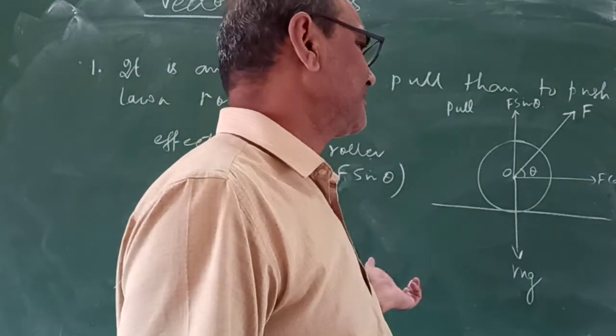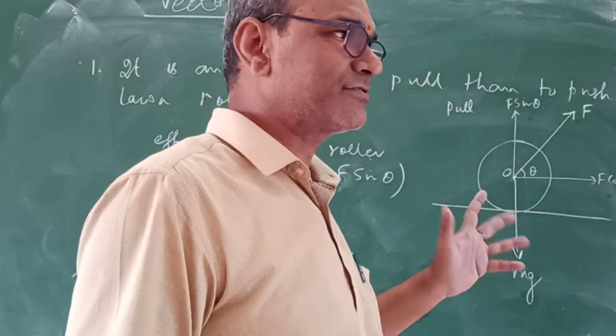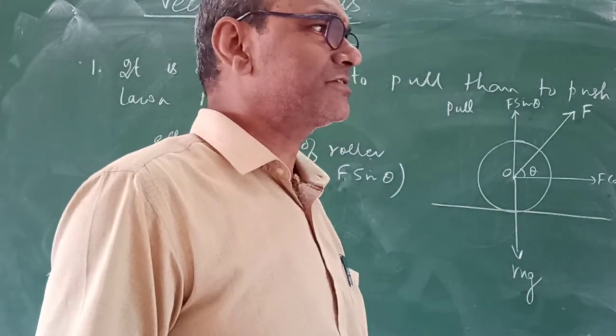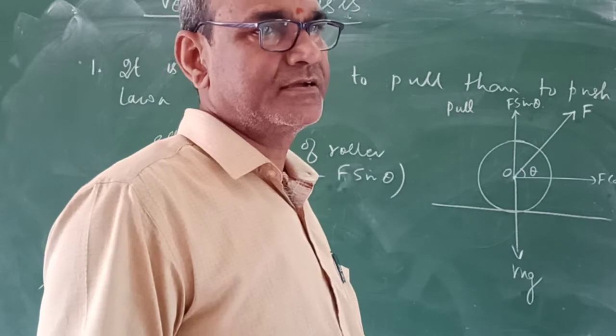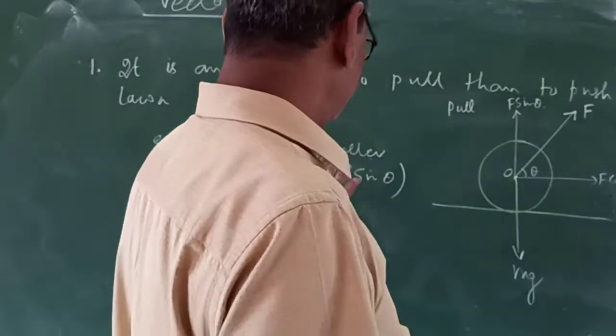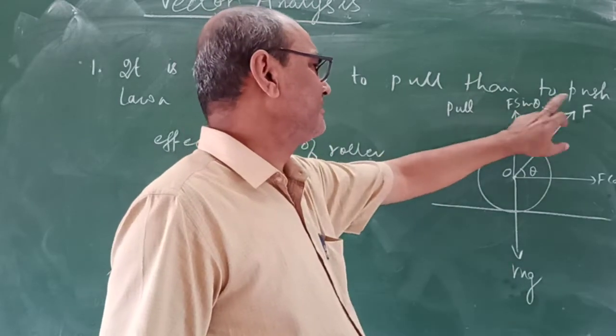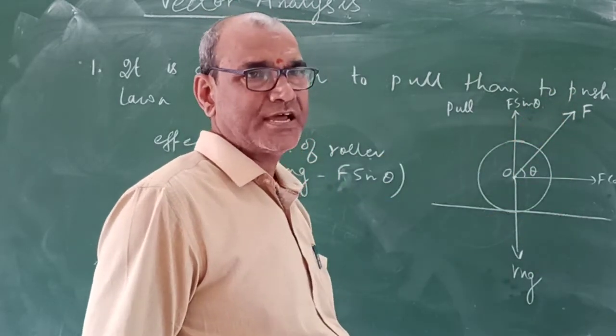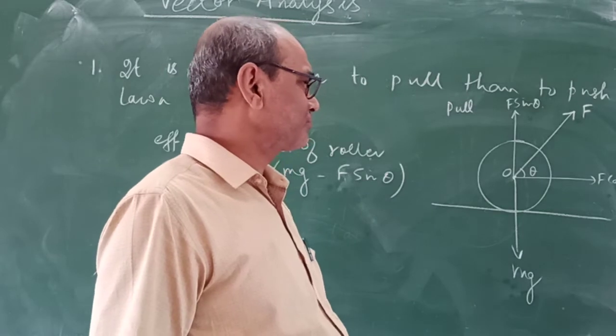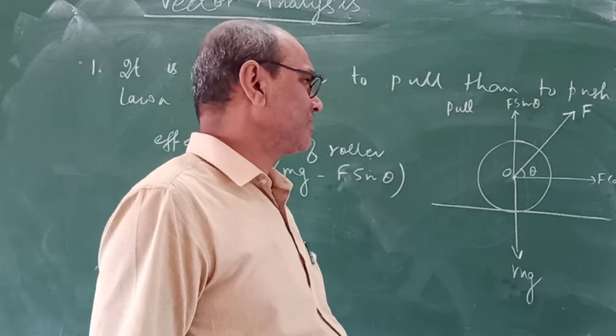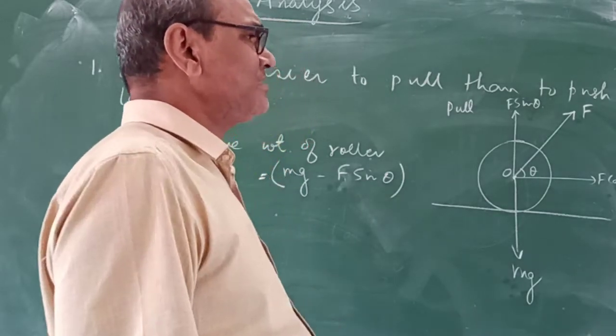It is not that it seems the force of friction should be there; nothing like that. In vectors we are not considering the force of friction. That's why we generally consider the force due to weight and the pull force F. F is resolved into two rectangular components: one is F cos theta, another is F sin theta.